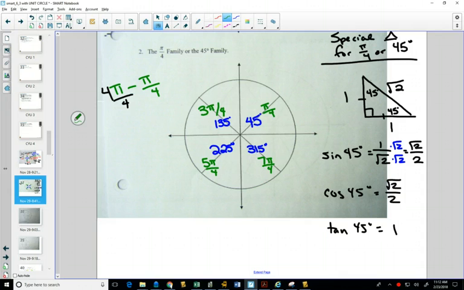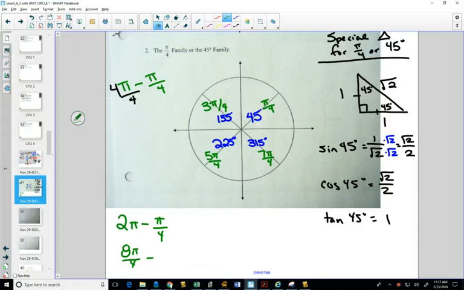Again, for that 7 pi over 4, if you did it in degrees, you would have done 360 minus your reference angle. In radians, I would do 2 pi minus my reference angle. Again, I need a common denominator. So that would be 8 pi over 4 minus pi over 4, which would give me 7 pi over 4.